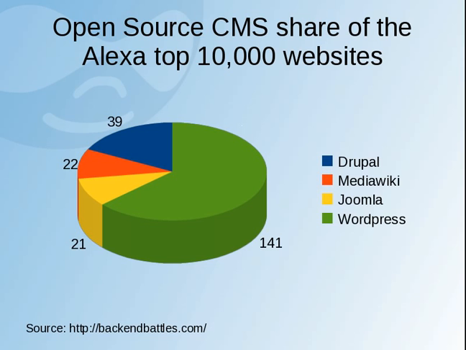You can see that Drupal, this blue slice here, compares favorably to Joomla and MediaWiki, about similar. WordPress still takes the lion's share of the open source content management system. You can see that we're only talking about about 200 out of the top 10,000.